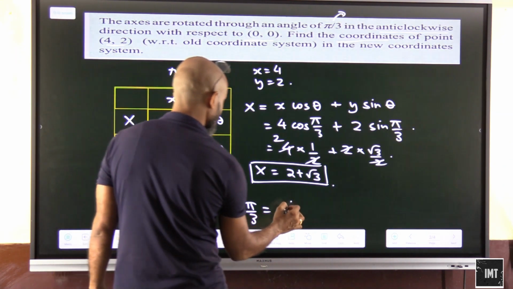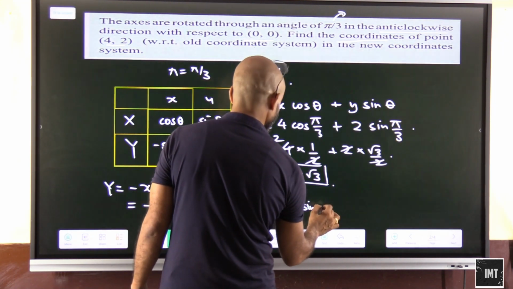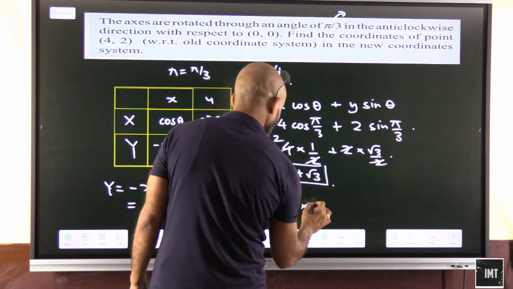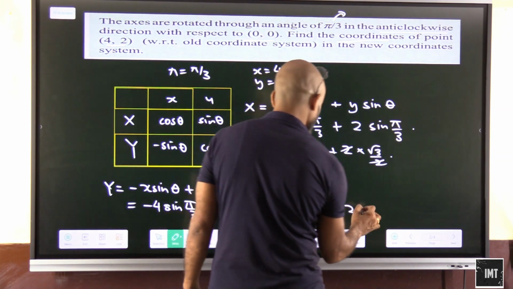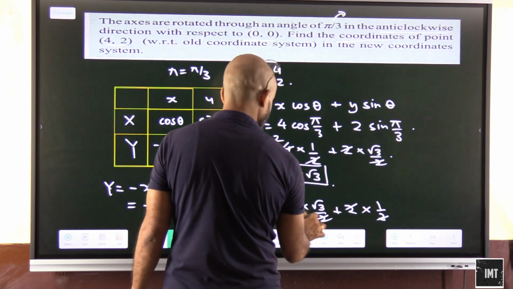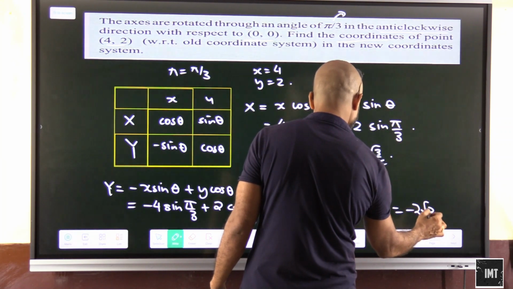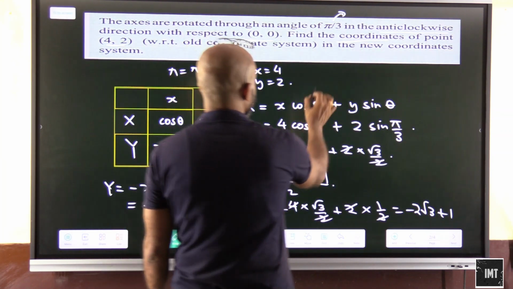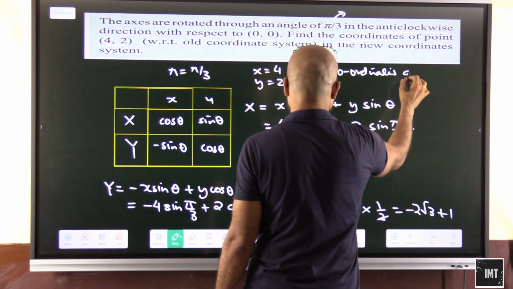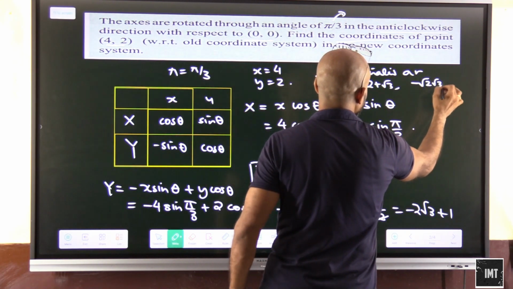That will be minus 4 into root 3 by 2 plus 2 into 1 by 2. So this gets cancelled, this gets cancelled. So this will be minus 2 root 3 plus 1. Therefore the coordinates are 2 plus root 3 and minus 2 root 3 plus 1.